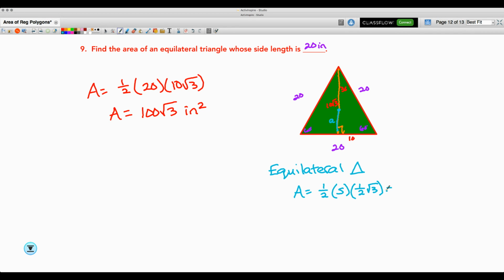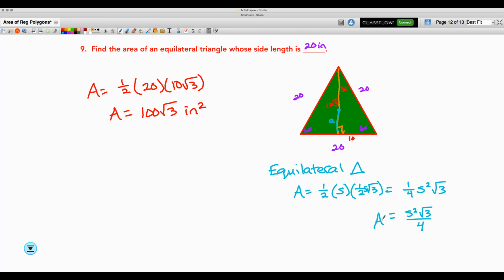So if you multiply 1/2 of the base, the base is the side, so 1/2 times 1/2 is 1/4. S times S is S squared, and then square root of 3. So we can put that together as S squared times the square root of 3 over 4.